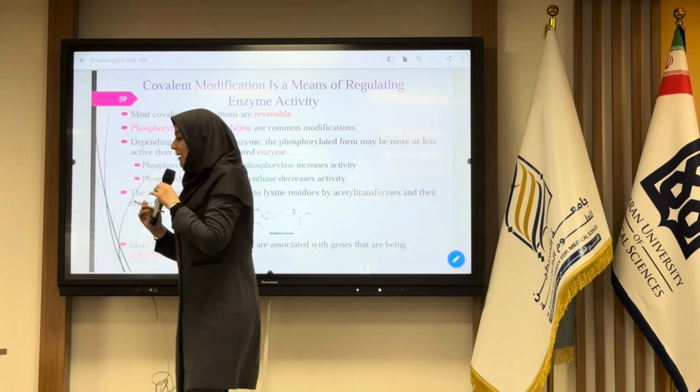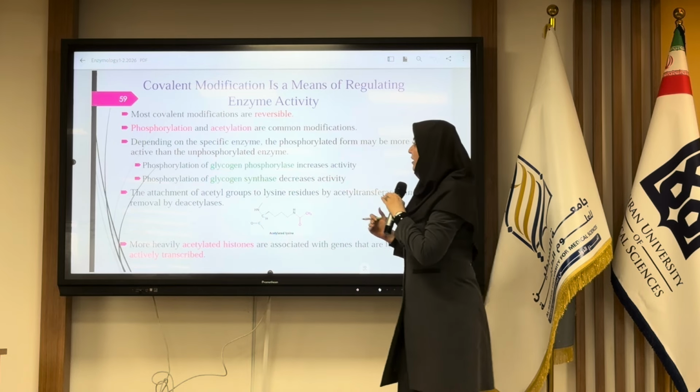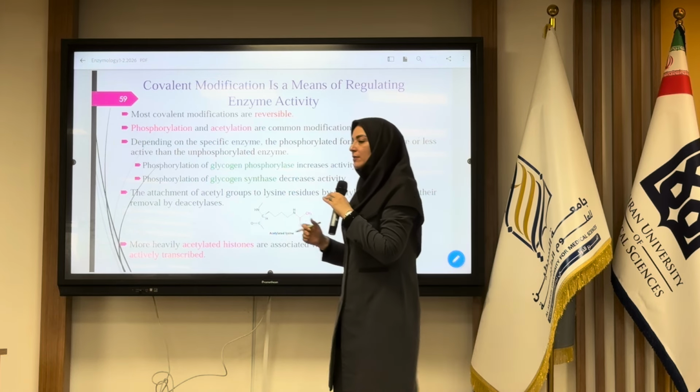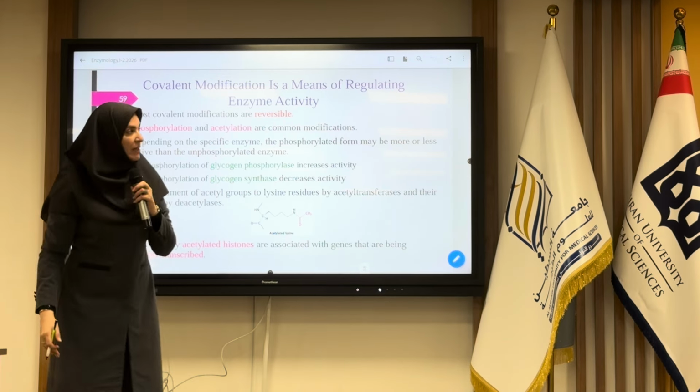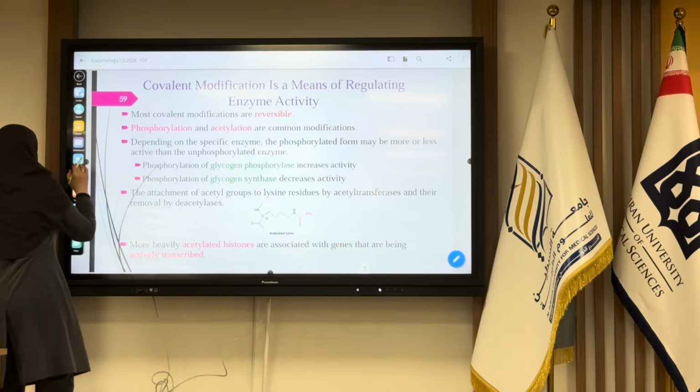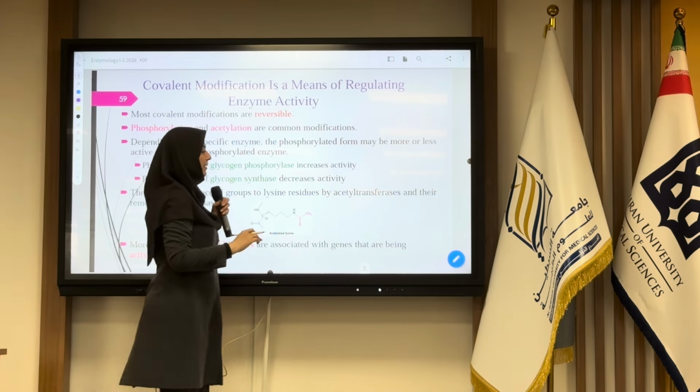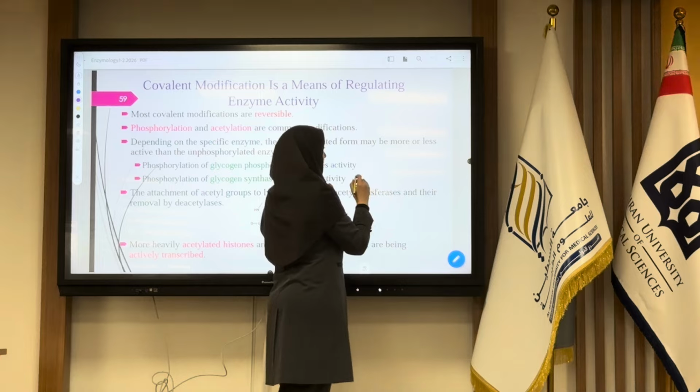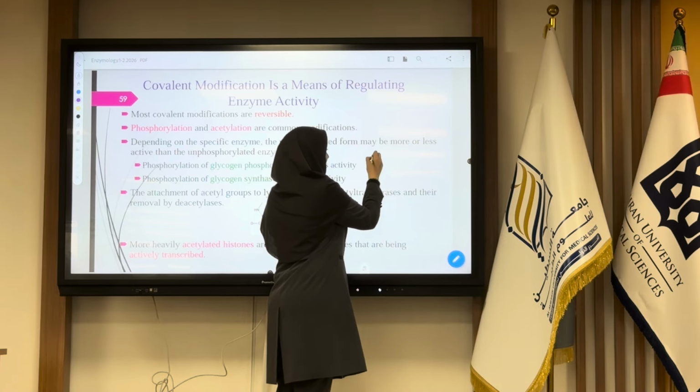So, about the covalent modification, I'm sure you're familiar with this, but maybe you don't actually remember. This is the enzyme, okay?